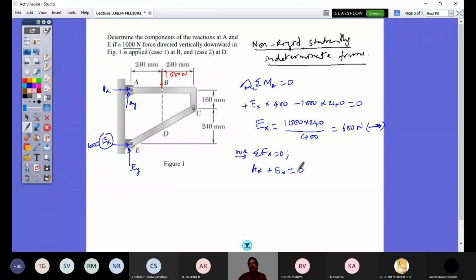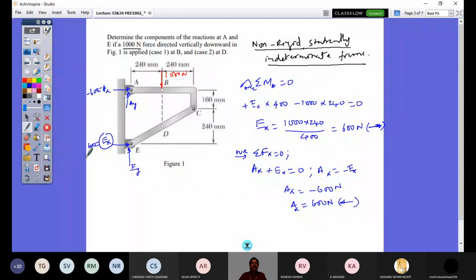So that solves for Ax equals minus Ex, which is minus 600 Newton, and the direction I assumed to the right should be changed. That's my Ax. In this diagram, I did not change that. Instead, I put minus 600 here.